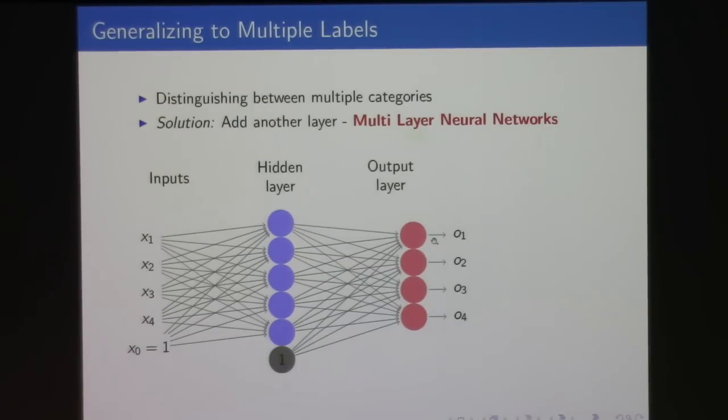All of these outputs will be between 0 and 1 because they're the output of a sigmoid unit. Then you pretty much see which one is the highest, and you say that is my class. So ideally, if the input belonged to class number 1, then the output should be such that this value would be 1 and all of this would be 0.